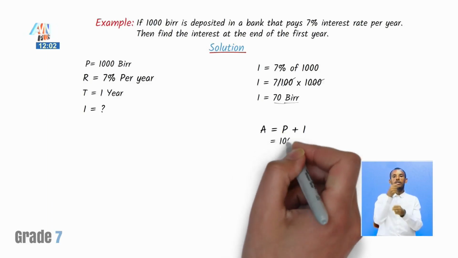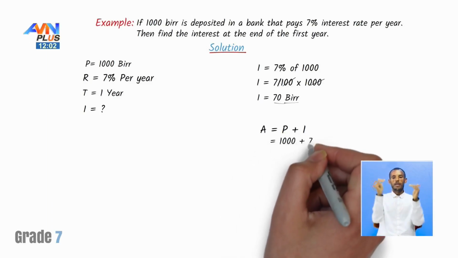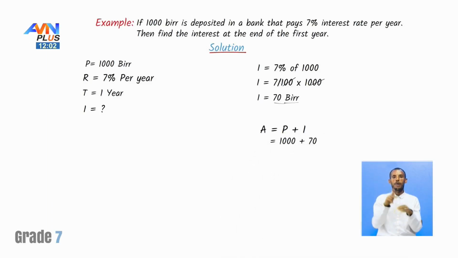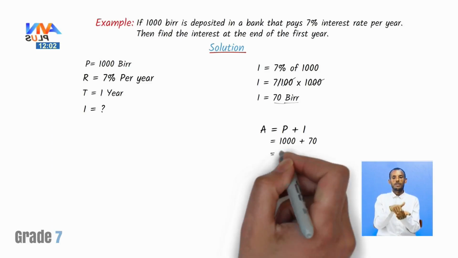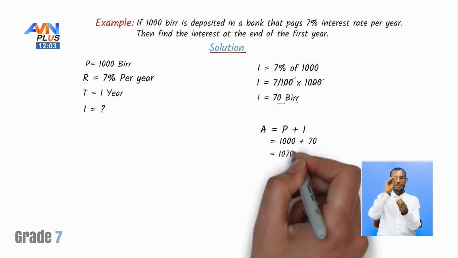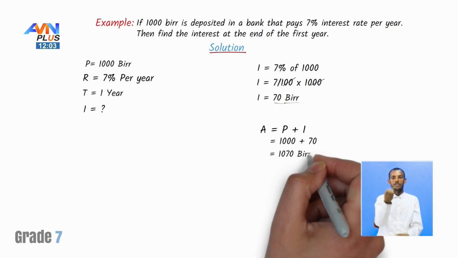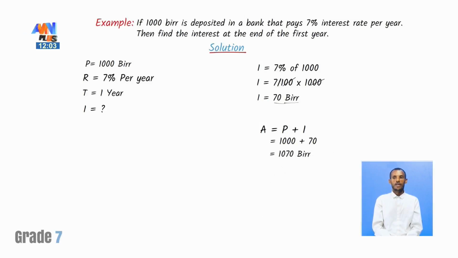The principal is 1,000 plus the interest 70. Together you will have 1,070 birr.